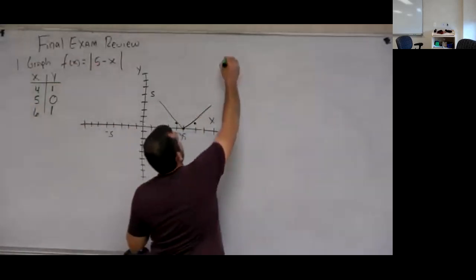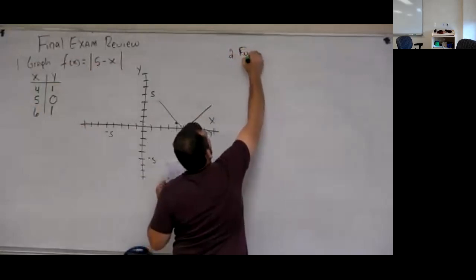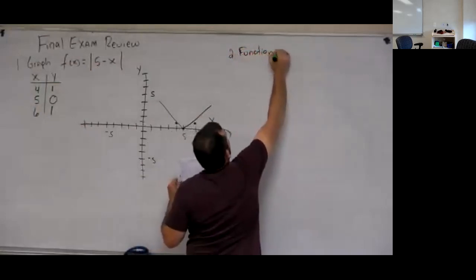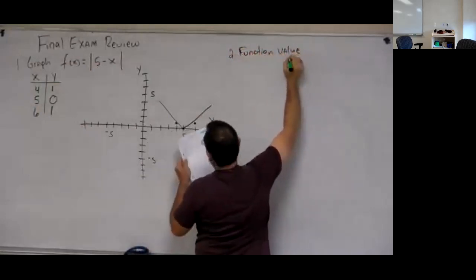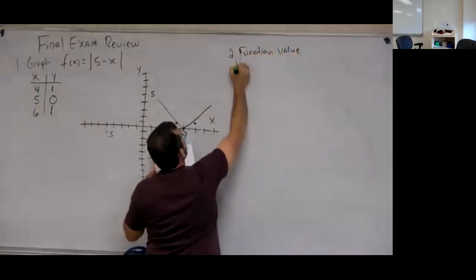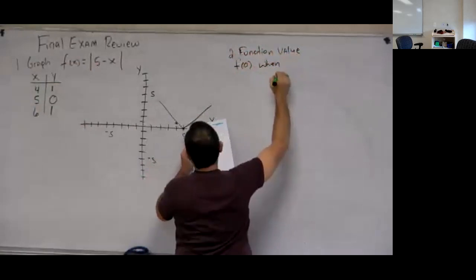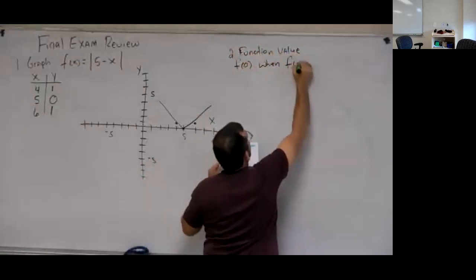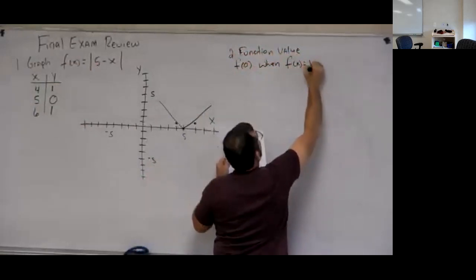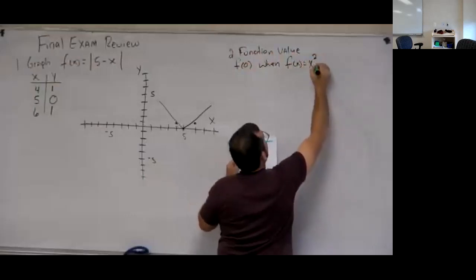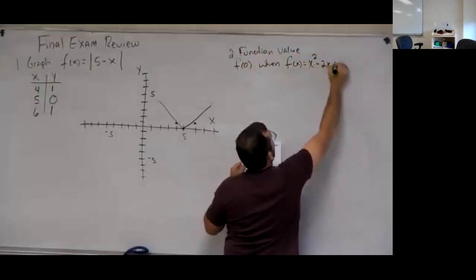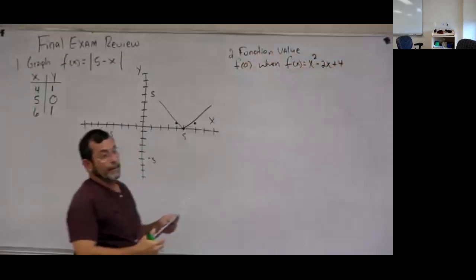Number 2, find the function value. You want me to find f of 0 when f of x equals x squared minus 2x plus 4.